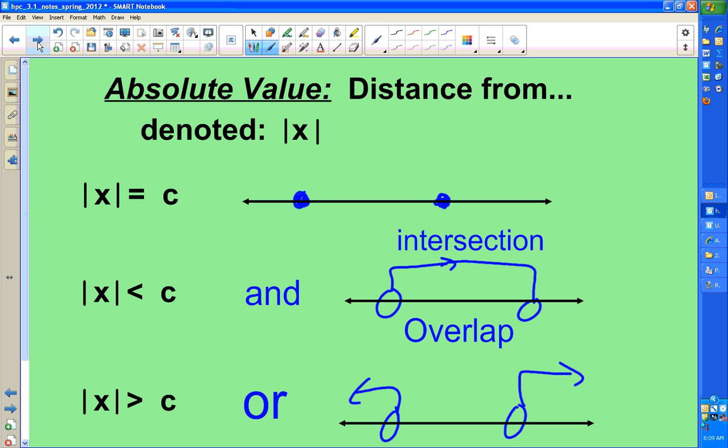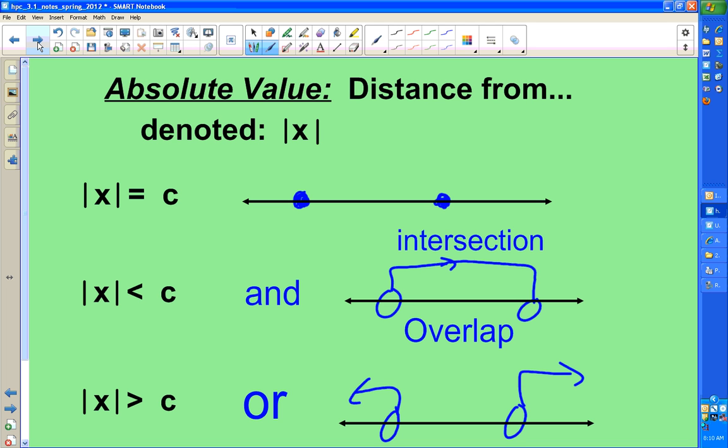Absolute value. If it's an absolute equals, you're going to get answers that are just single integral answers or numeric answers. If it's absolute is less than some constant, then you're going to get an and situation, which means you have an overlap.